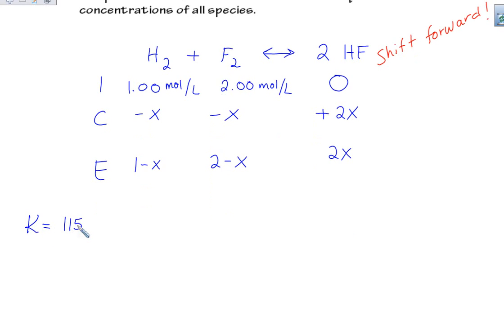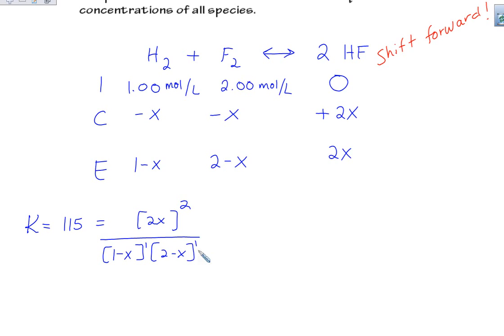We'll set up the expression: products, 2x, but we got to square it again because of the ratio in the balanced equation, over reactants, 1 minus x to the first, 2 minus x to the first. Do you see why I don't like this one as much anymore? It's not that it's impossible, but it's just a little bit of a pain.